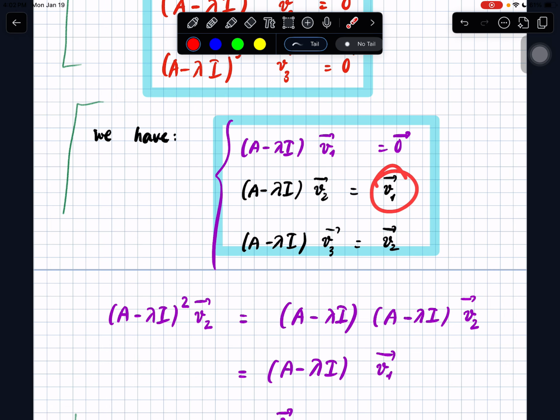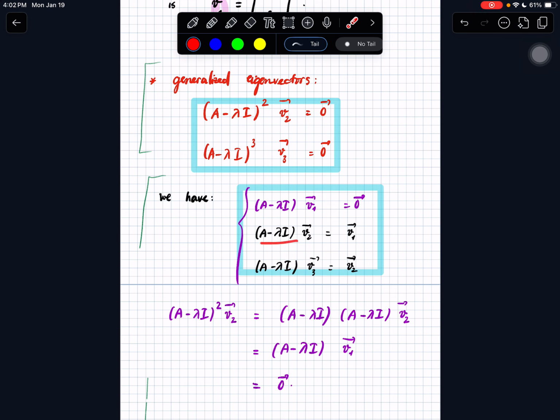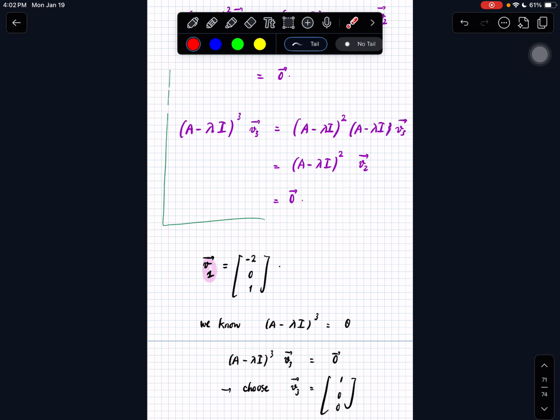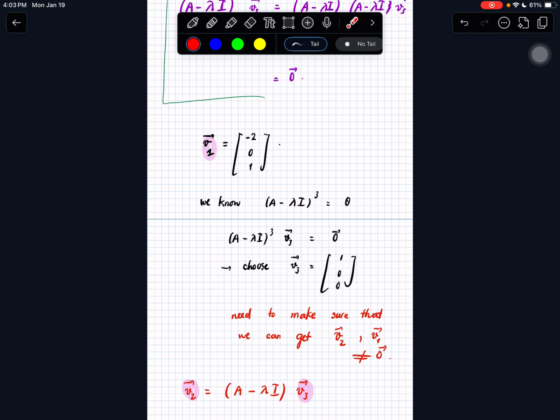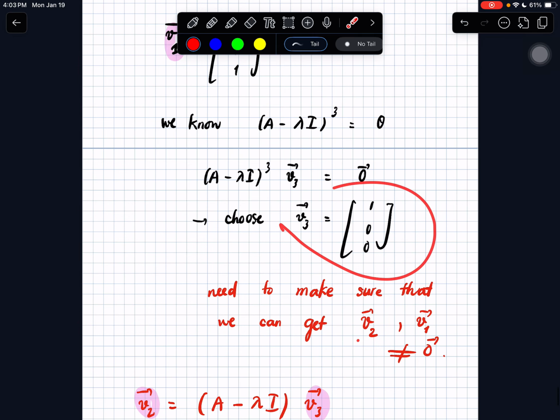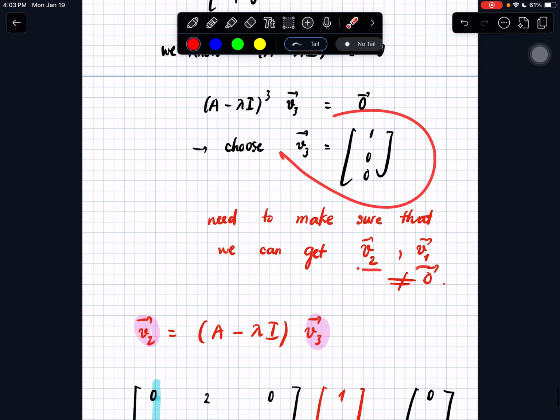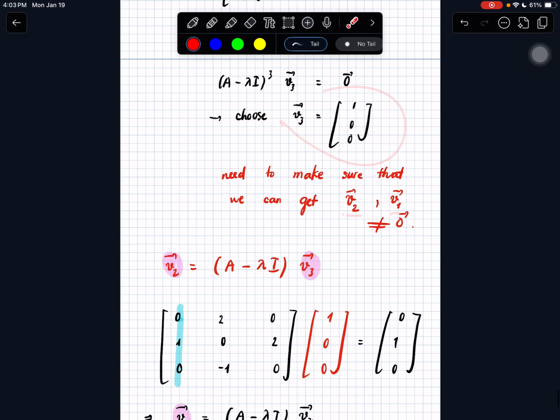From v1 you solve this equation to get v2, and from v2 you solve this equation to get v3. But you need to solve two extra systems of linear equations, which is a lot of work. So the easiest way here is to use these properties and choose v3 so that the chain will last until v2 and v1. That is a quick, easy way to do it.